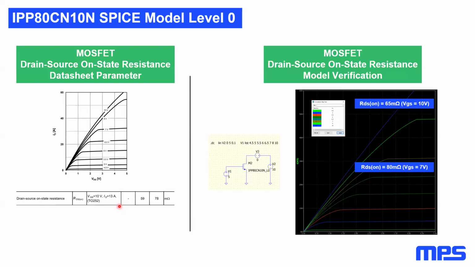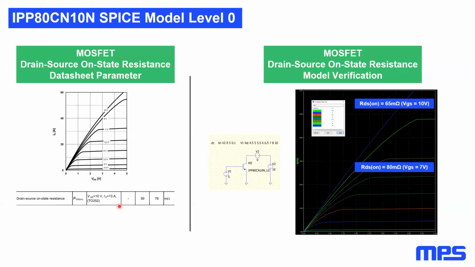So it is crucial to choose the right level of complexity for the right purpose if one wants to minimize convergence problems and execution time. In the case of this MOSFET, we found that a level 0 model would be a good compromise between complexity and the purpose of estimating power losses.